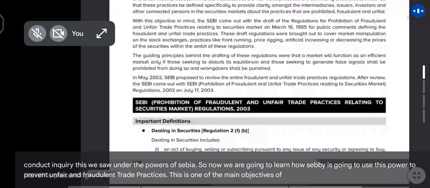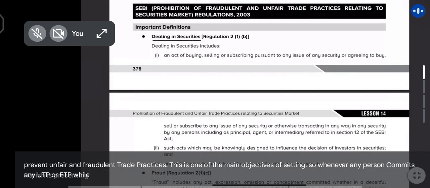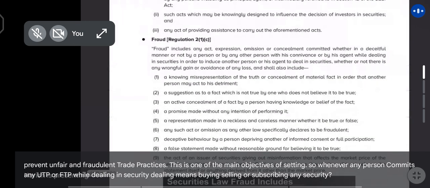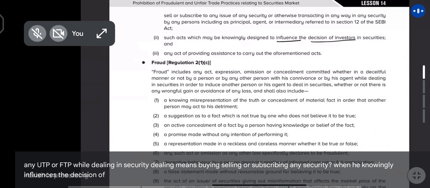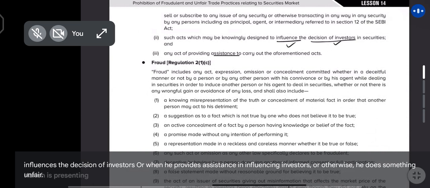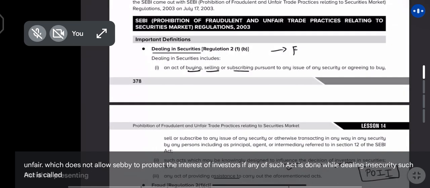This is one of the main objectives of SEBI. So whenever any person commits any UTP or FTP while dealing in securities, dealing means buying, selling, or subscribing any security, when he knowingly influences the decision of investors, or provides assistance in influencing investors, or otherwise does something unfair which does not allow SEBI to protect the interest of investors, such an act is called a fraudulent or unfair trade practice.